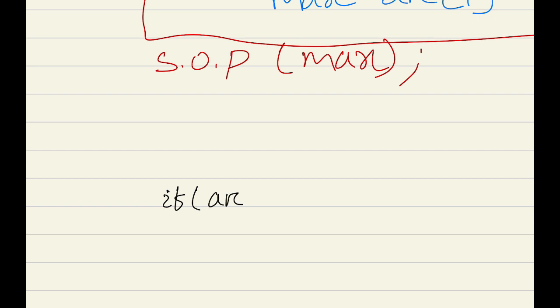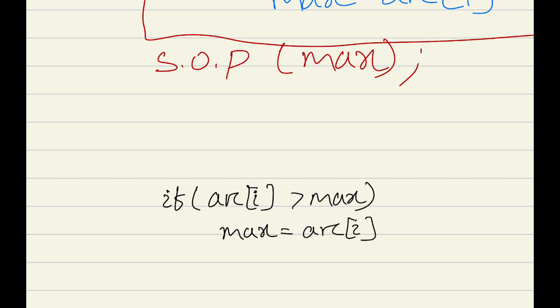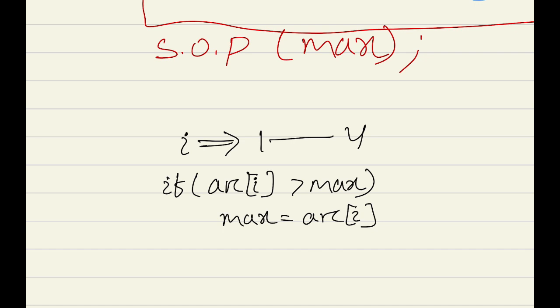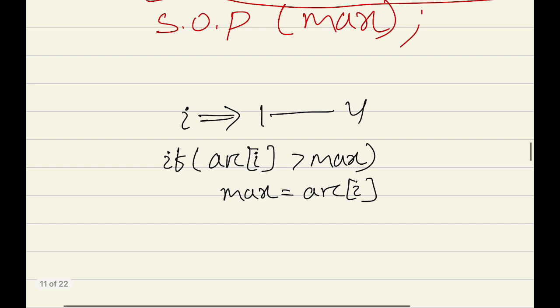If AR of i greater than maximum, then maximum equal to AR of i, and here the value of i is from 1 to 4, or 1 to AR dot length minus 1. Here AR dot length is 5.